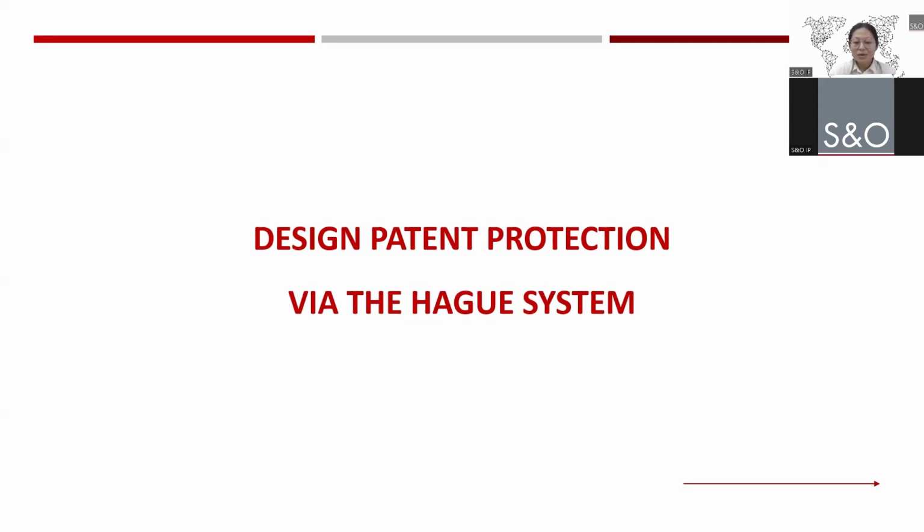Let us explore the guidelines for applying for a design patent through the Hague Agreement, highlighting its advantages and outlining the steps required to navigate this global route to Chinese registrations.